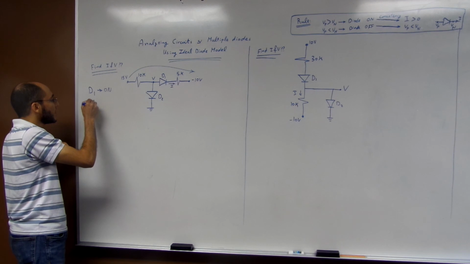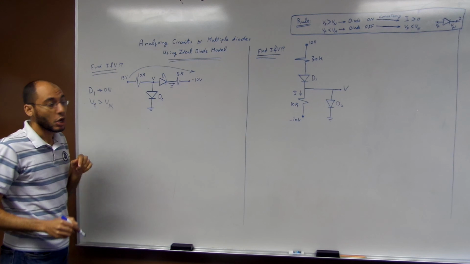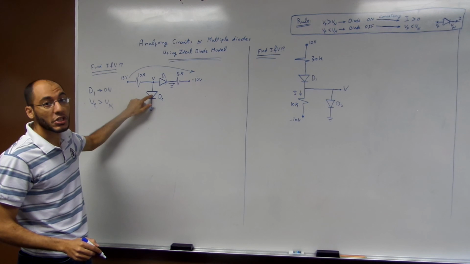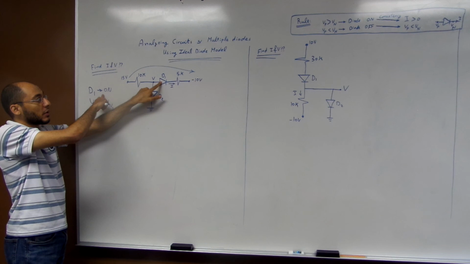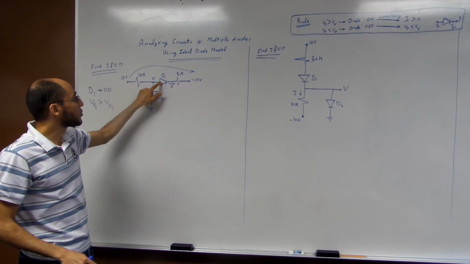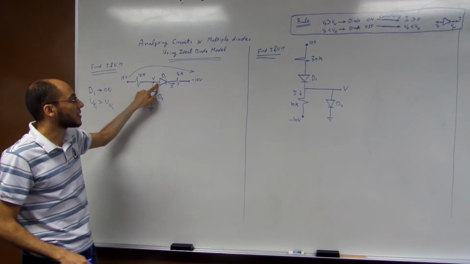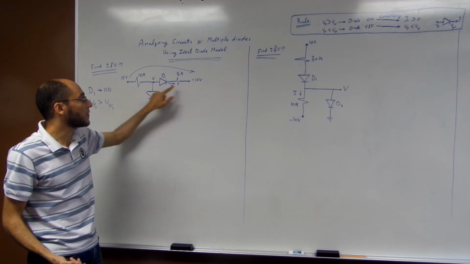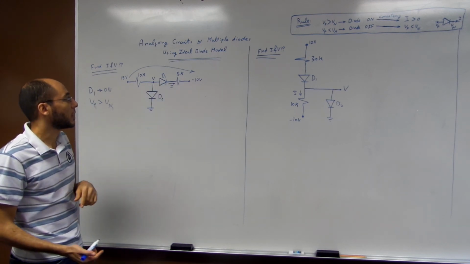Why is that the case? Because Vp is always going to be greater than Vn of diode number 1. Why is that the case? Because if it was off, then it has to be the case that this voltage is very small, to the extent that it is, say for instance, negative 15 or negative 20, a number that is smaller than the negative 10, in order for this diode to be off.